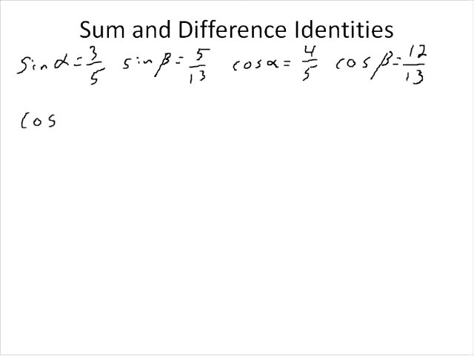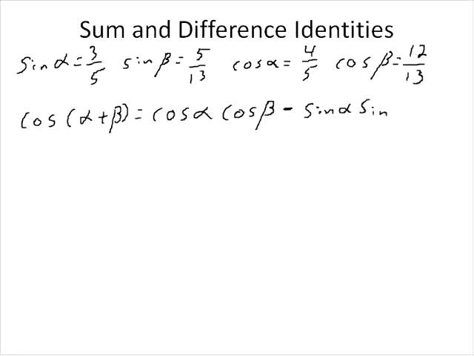So now we're asked to find the cosine of alpha plus beta, and I'm going to look on my formula sheet and I'm going to see that the cosine of alpha plus beta is equal to the cosine of alpha times the cosine of beta minus sine alpha times sine of beta.